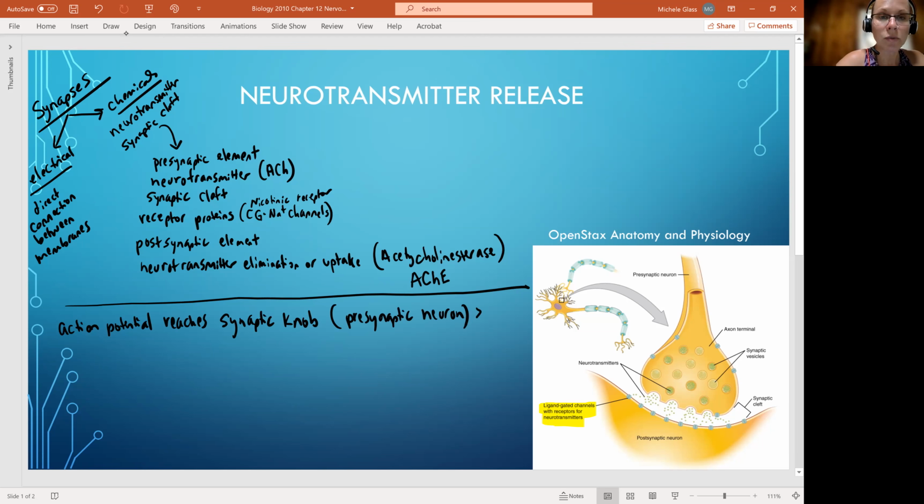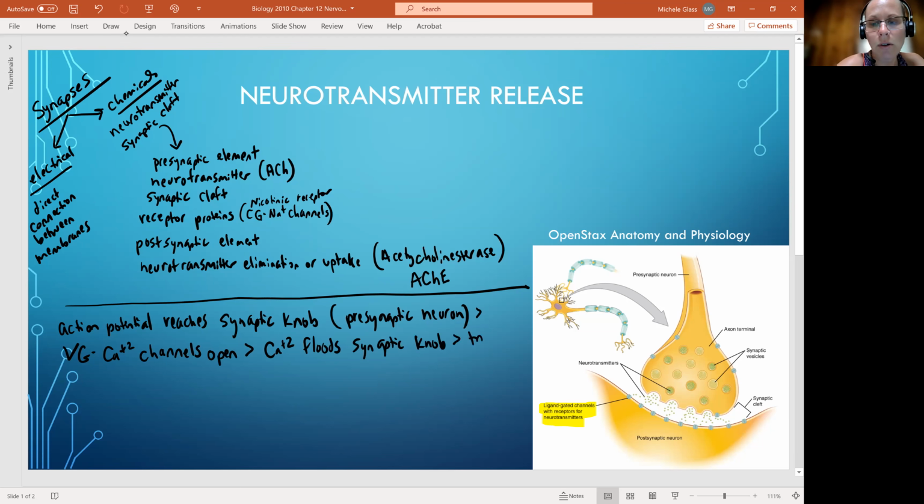When the action potential reaches the synaptic knob, that actually triggers the opening of voltage-gated calcium ion channels. And when those channels open, we see calcium ions flood the synaptic knob.